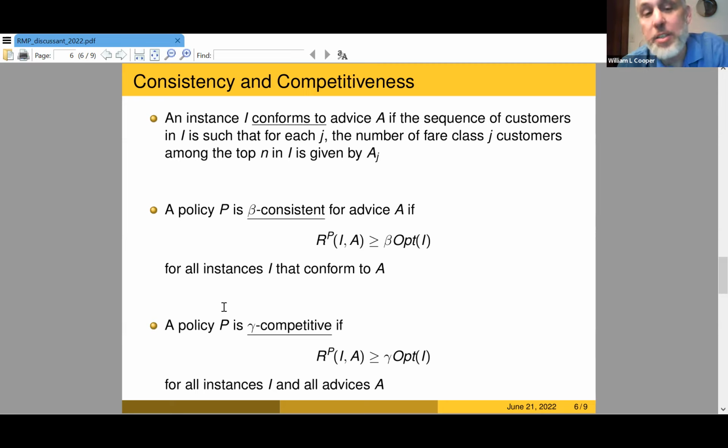And here I'm not just looking at instances that conform to A. Again, conforming means that the advice is right, but I'm looking at any instance. So this is considering the possibility the advice is wrong, conceivably way off, or possibly not off by that much, but not correct. So this is the basic trade-off that's under consideration.